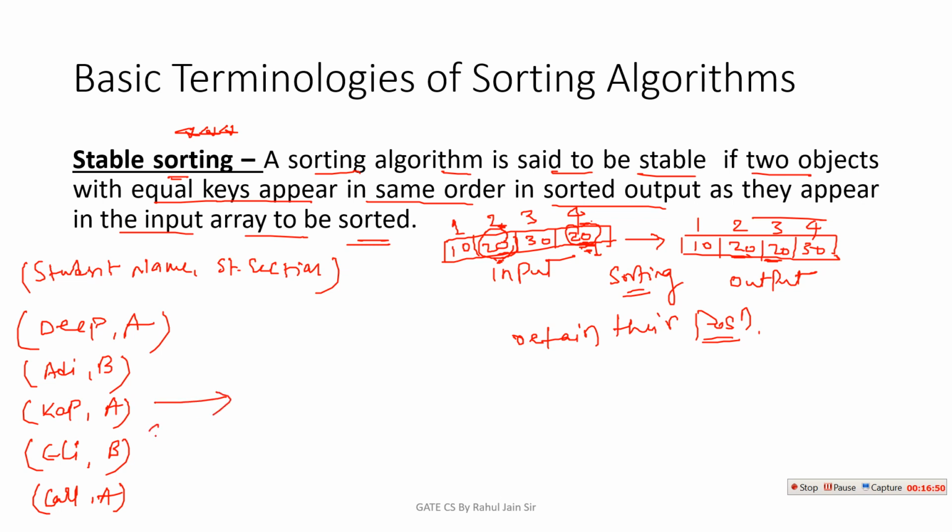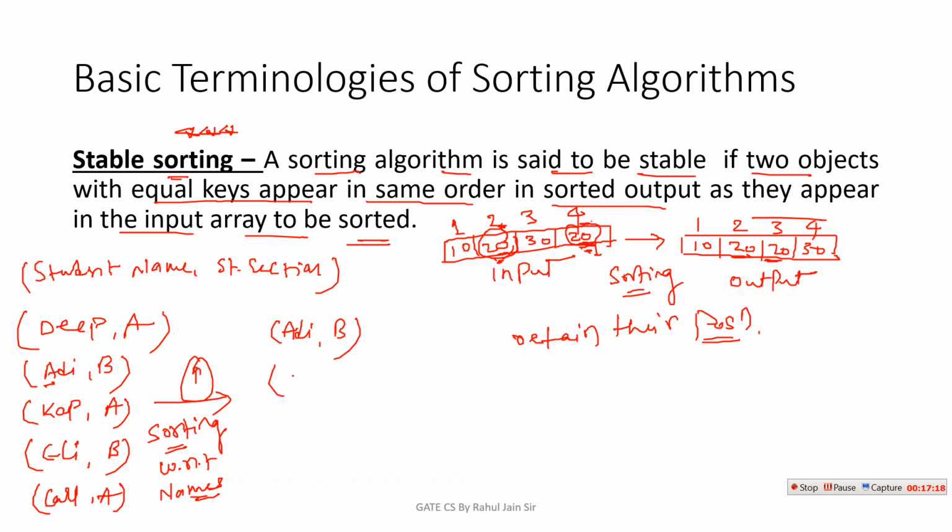Now suppose I am sorting this database with respect to their names. If I sort, what will I get? I will get Adi first. Why? Because I am sorting with respect to name in increasing order. Then Adi with section B I will get first.